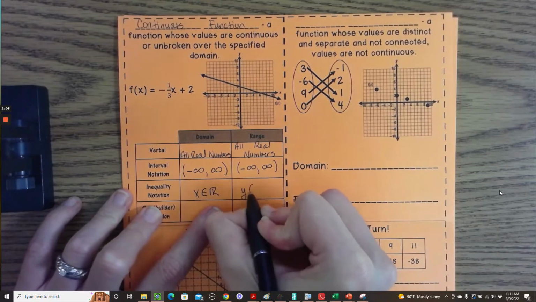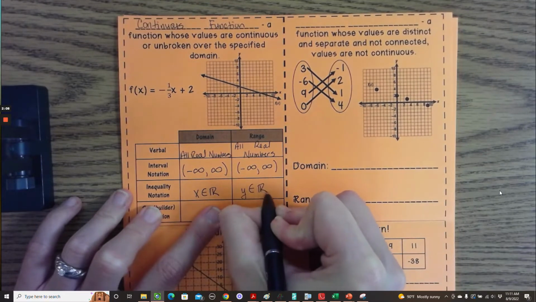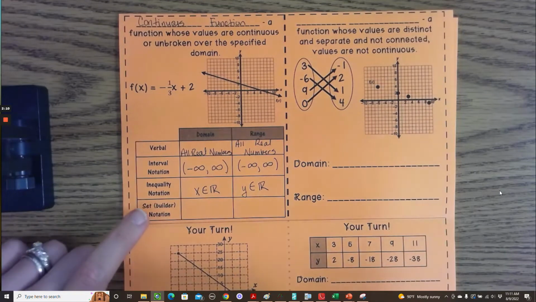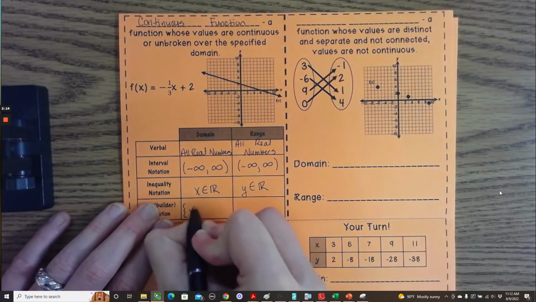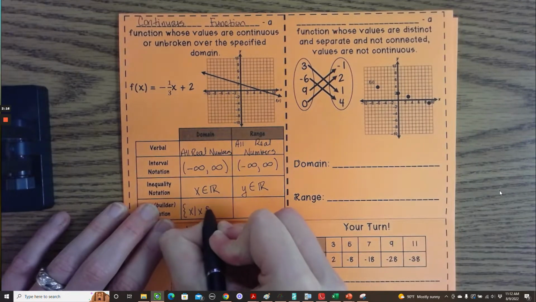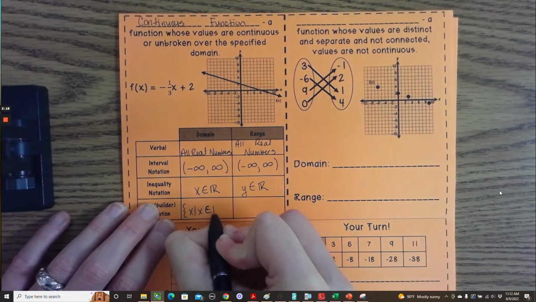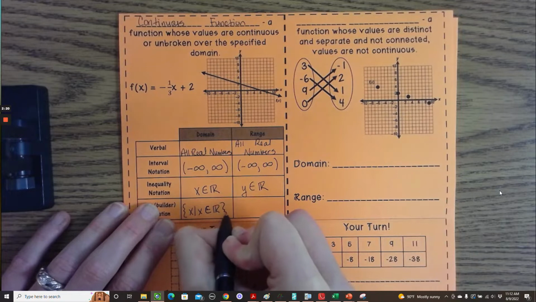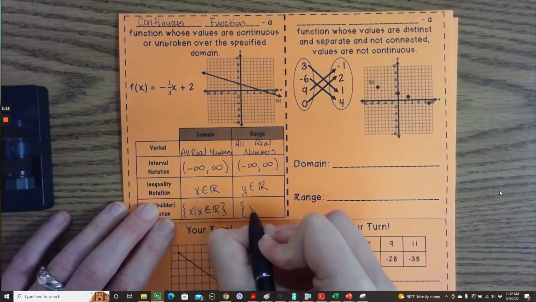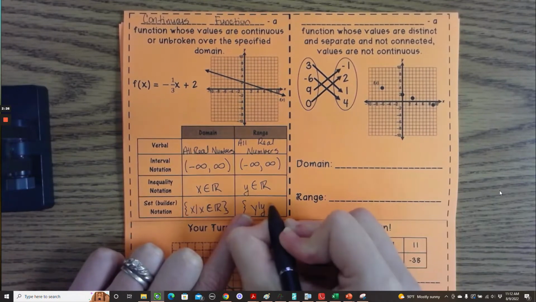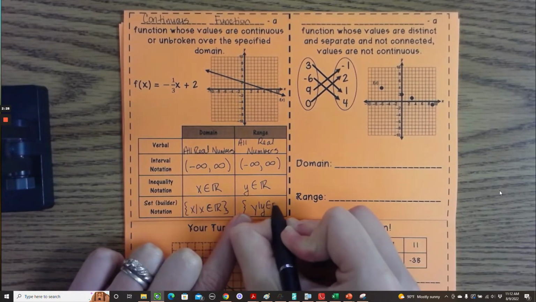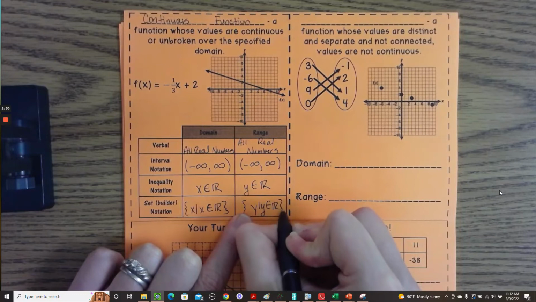Y would also be a member of this set of real numbers, apologize. And then in set notation, we would say x is the set of real numbers, and y, the range, would be a member of this set of all real numbers.